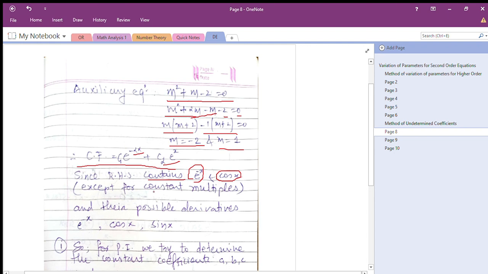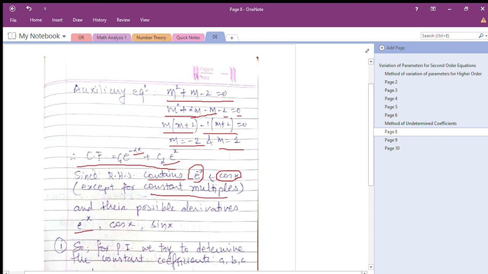except for constant multipliers. See, we are not required to consider the constant multiples. But now for this e raised to minus x and cos x, what are the possible derivatives of these functions? e raised to minus x has the same differentiation, that is minus e raised to minus x.